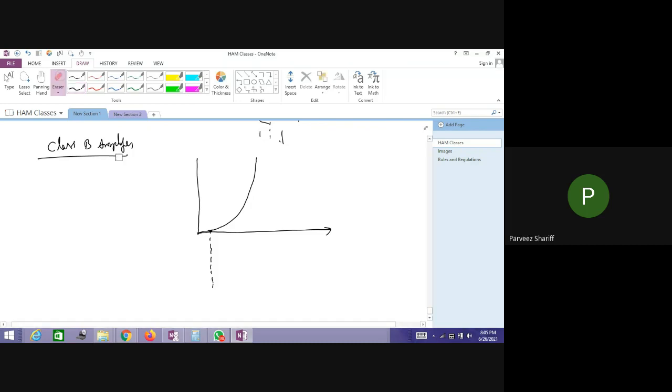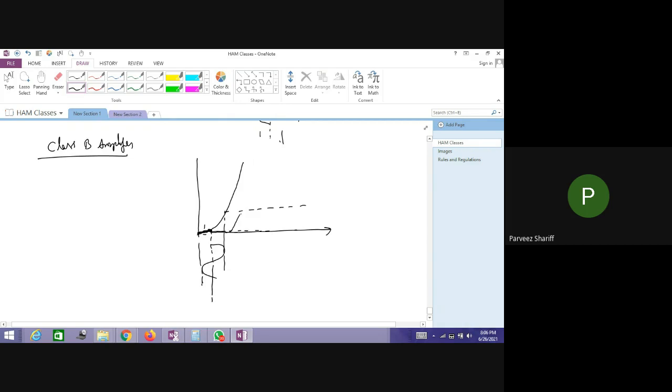Now if you see, this line and this line coincide.